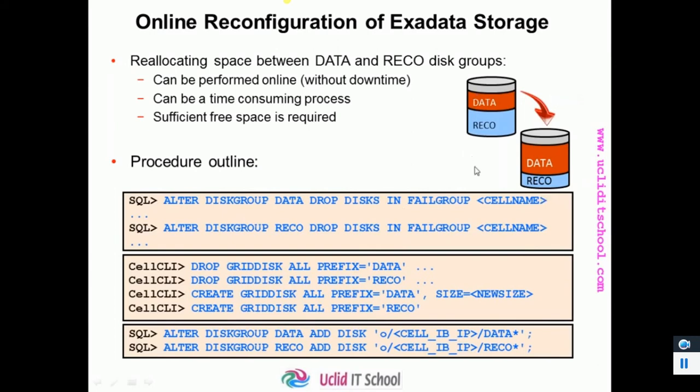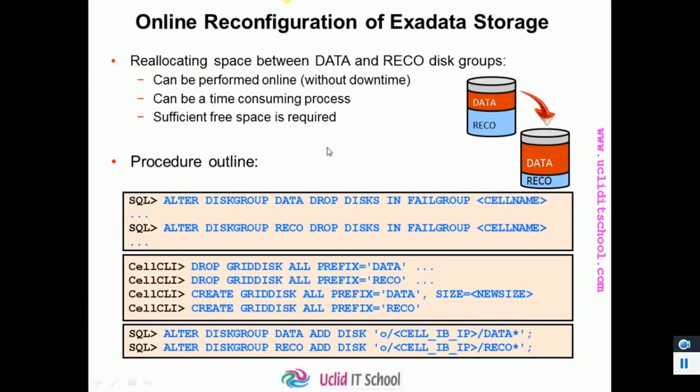So for this, the procedure is outlined here. It is very simple and very logical, but the only thing is it is time consuming. Because you do one node at a time, one storage server at a time.